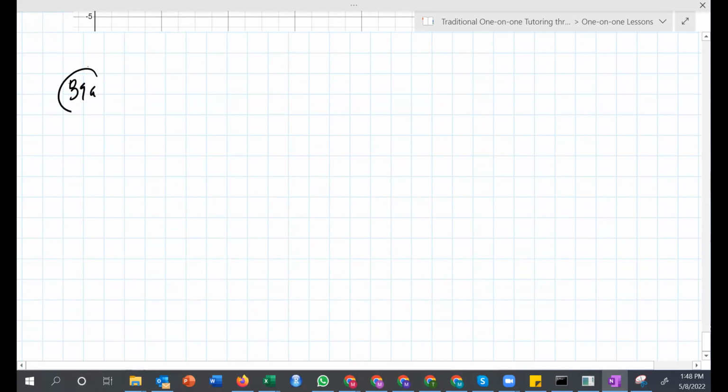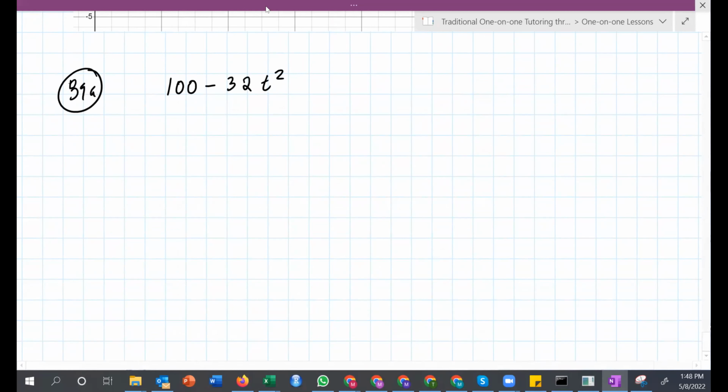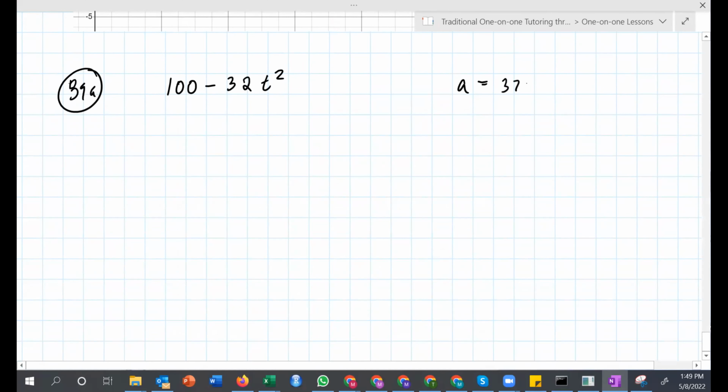So 39A. It starts at 1,000 feet and it drops by 32t squared because the acceleration is 32 feet per second squared on this type of problem. And that's actually your y direction.